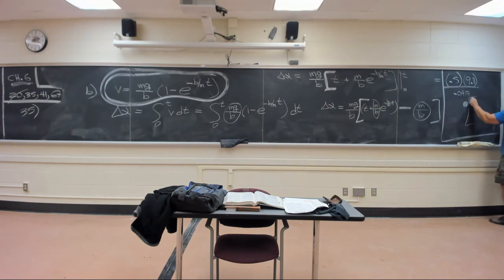Let's try it again. 3.45 plus 0.5 over 0.0417, e to the negative 0.0417 over 0.5 times 3.45.